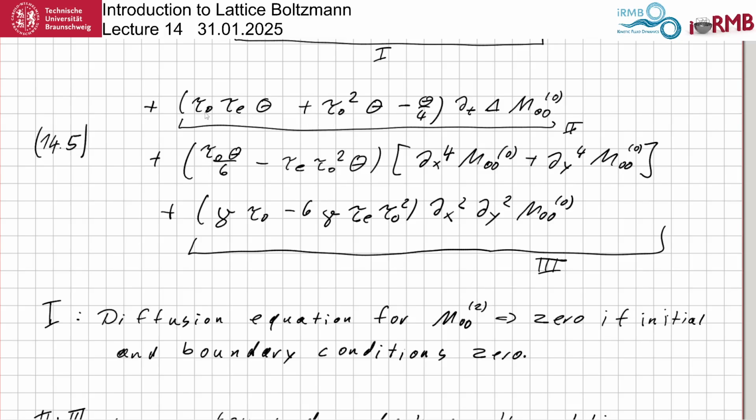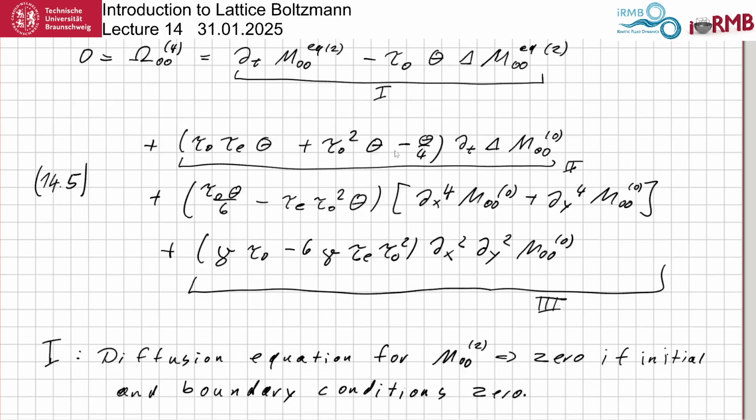So tau odd is not a free parameter because it is a physical parameter, but tau even, theta, and gamma, they are all free parameters. So the problem that we have is we have three different parts here that we would like to get to 0.